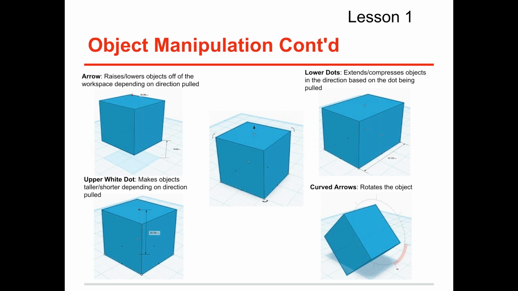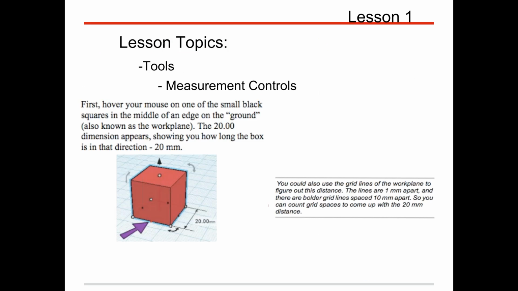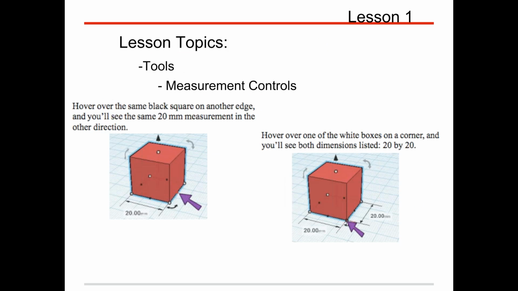The curved arrows rotate objects. The upper white dots move objects taller and shorter. The lower dots extend or compress. The red arrow raises up and down. And we realized that these dots can move and manipulate our different shapes in different formats.